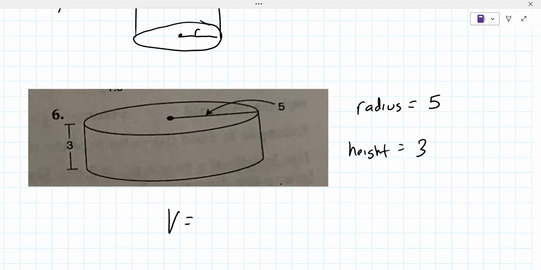So the volume formula is pi r squared h. So it's pi times the radius, which is 5, squared, times the height, which is 3.